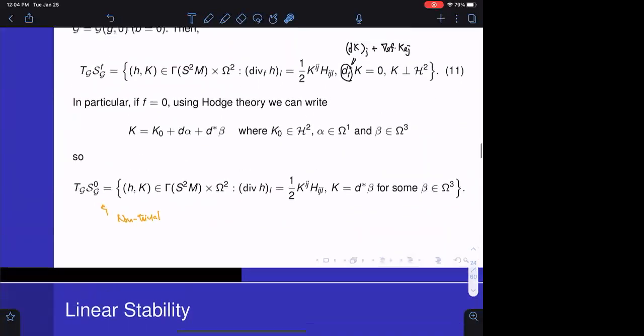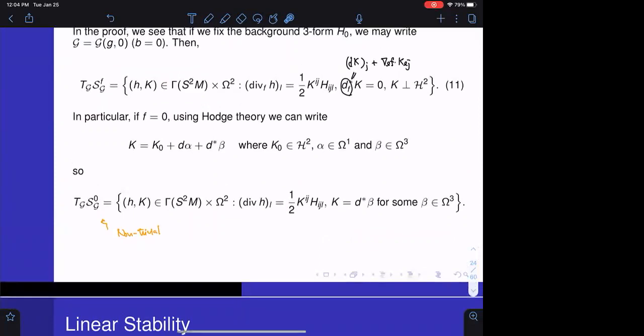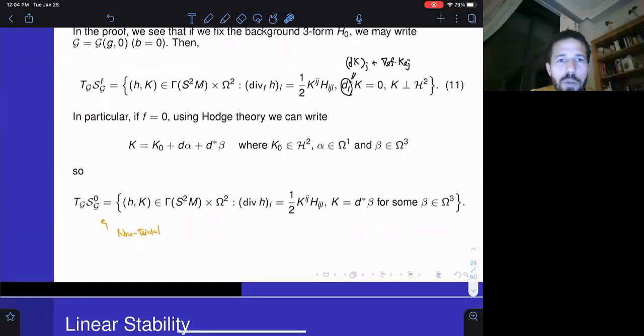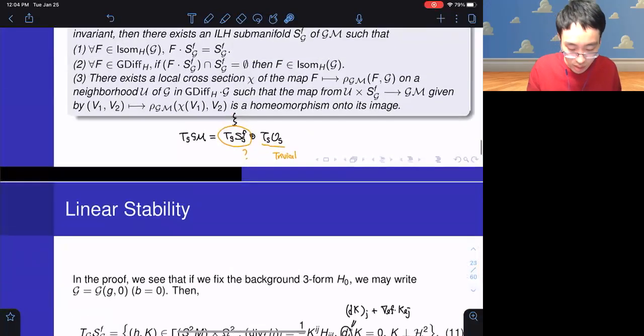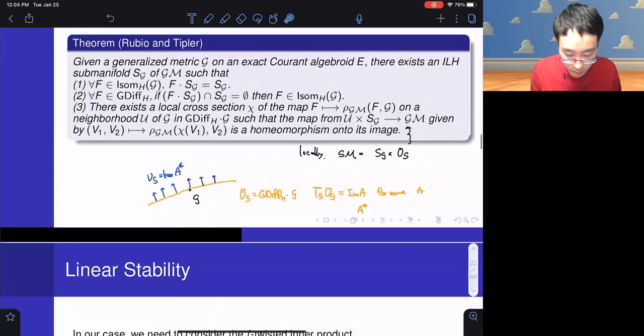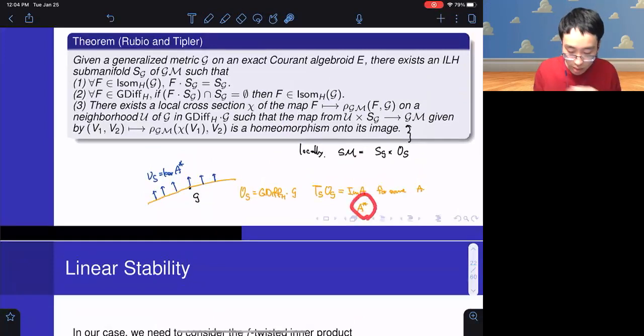What you call D star F, is this the adjoint of D with respect to the conformal rescaled metric? Oh, yes. If I compute the formal adjoint, in the Ruppenthal case they only use the standard L2 product.